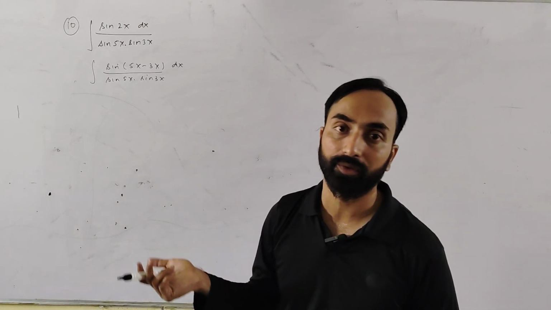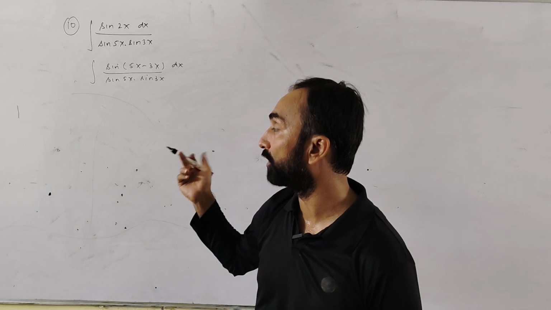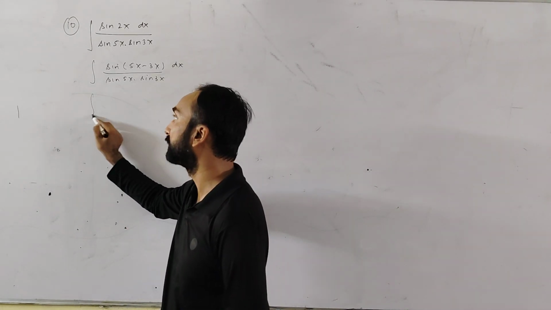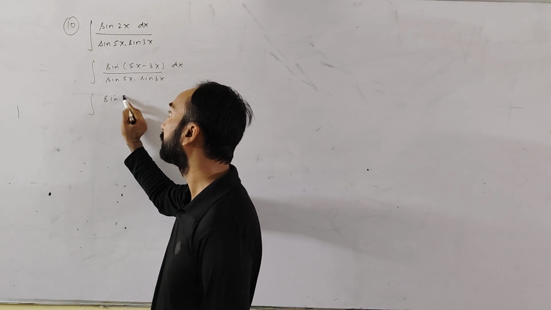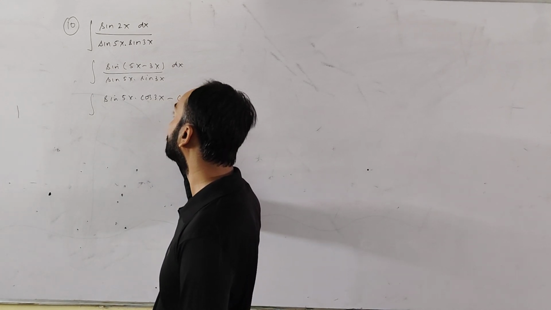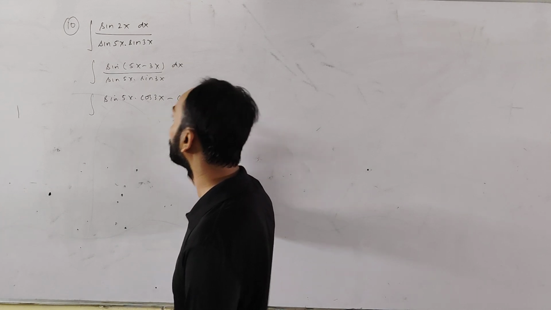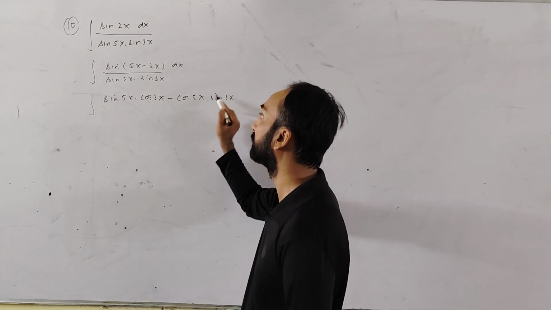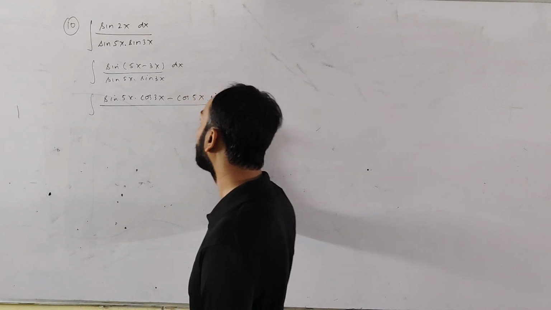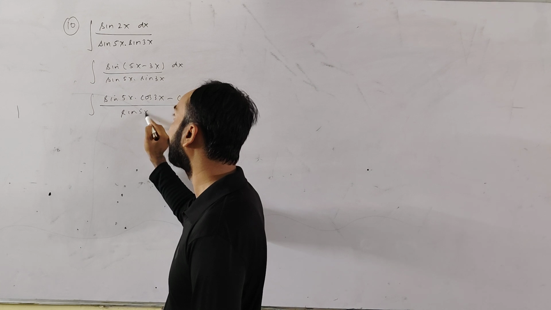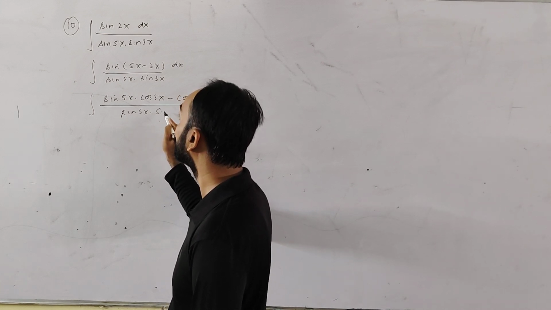The sin(A minus B) formula we know is very simple: sin A cos B minus cos A sin B. So we will break the formula: sin A into cos B, minus cos A, that is cos 5x, and into sin B, that is sin 3x, correct? Divided by sin 5x into sin 3x.